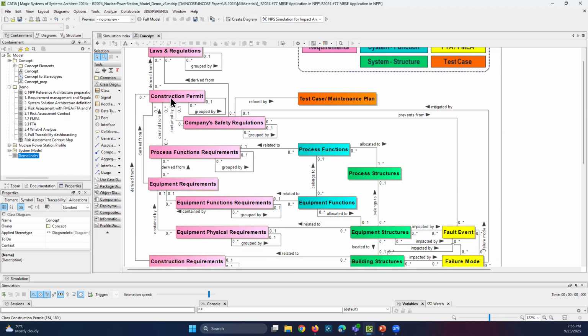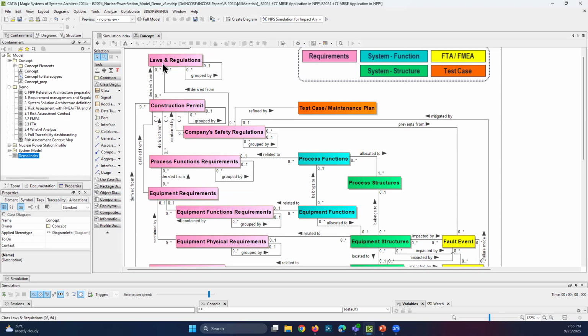Then the construction permit is pretty much within the umbrella of the laws and regulations, and so is the company safety regulation. So you will see there is very clear derived information specifying the relationship between them. It means that if we have some regulation that comes out of nowhere, the ontology reasoning is able to catch those kinds of mistakes.